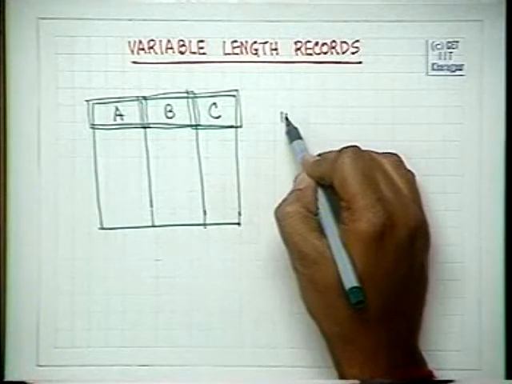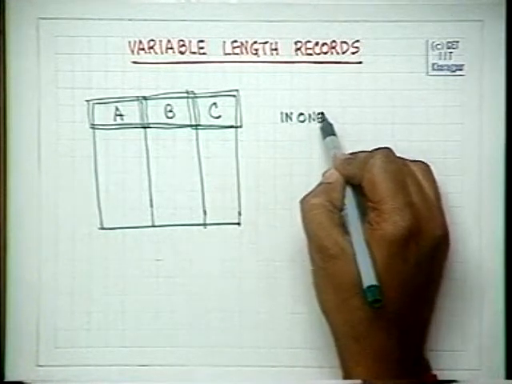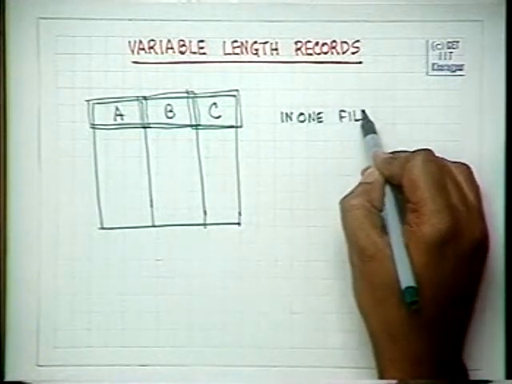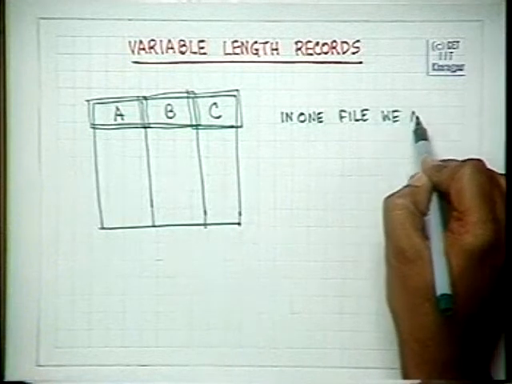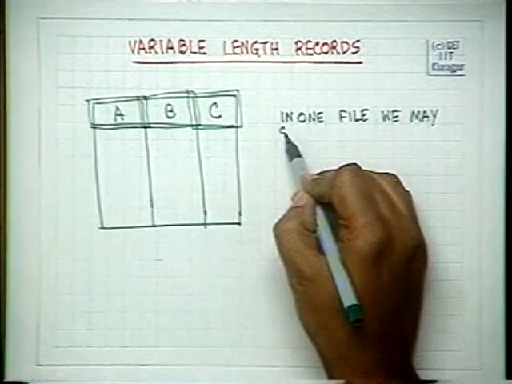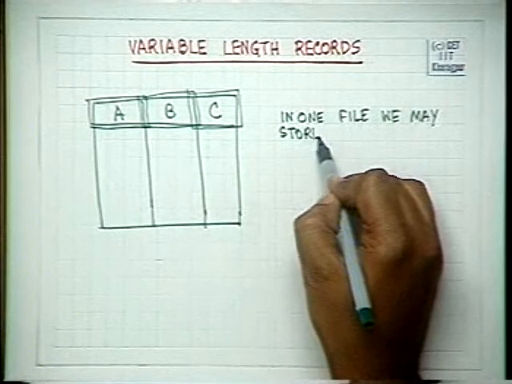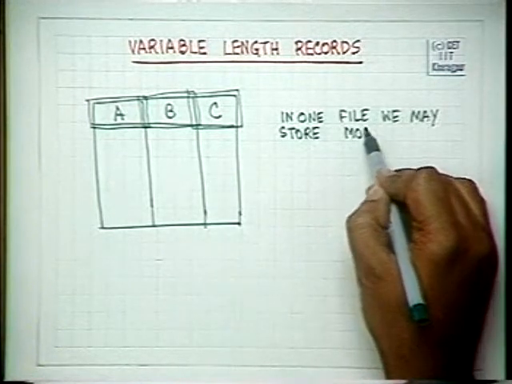Variable length records may come into the picture in another way. We may have variable records because in one file we may store more than one table.